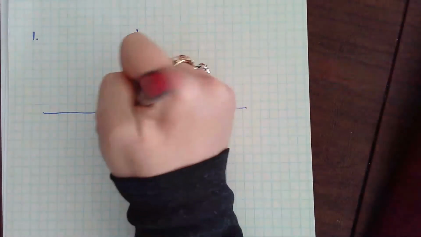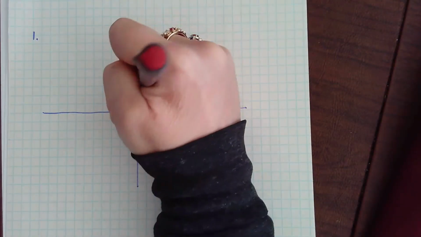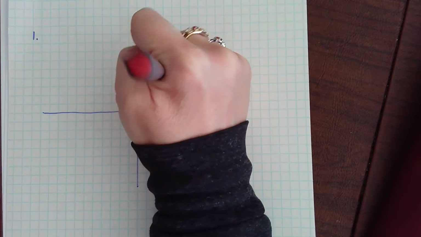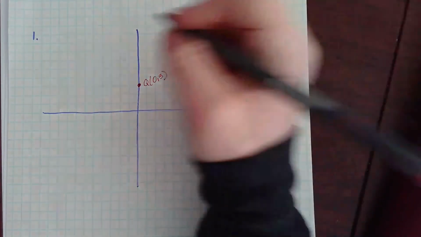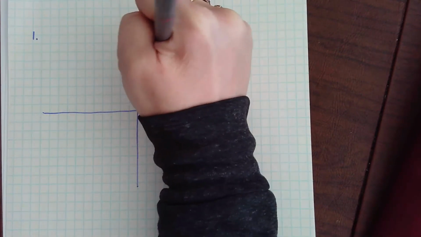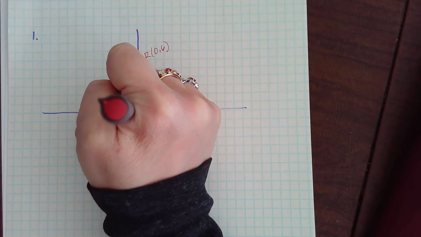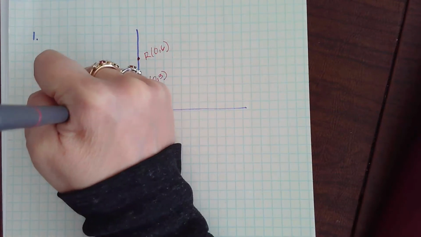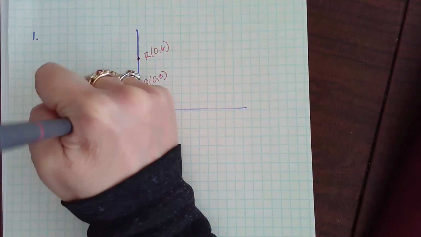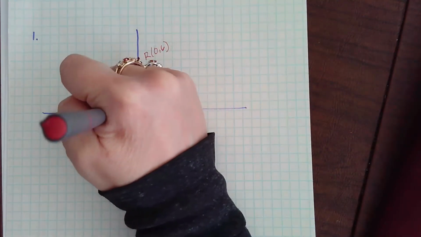So Q is at the point 0, 3. R is at the point 0, 6. S is at the point -6, 0. And T is at the point -3, 0.